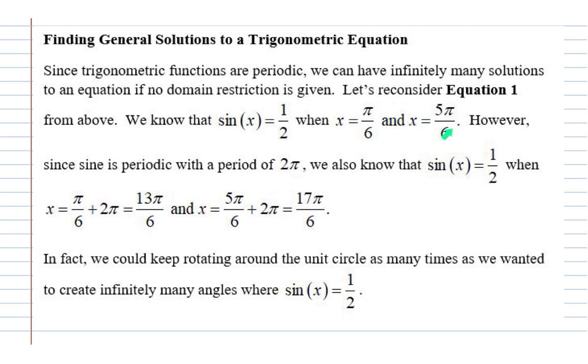And for 5 pi over 6, you would have to add 2 pi, you get 17 pi over 6. So we have multiple answers. So sine of x equals 1/2 has many answers because you can go multiple times around the unit circle. So that's what we're going to be working on today, writing all those multiple answers in a general form.